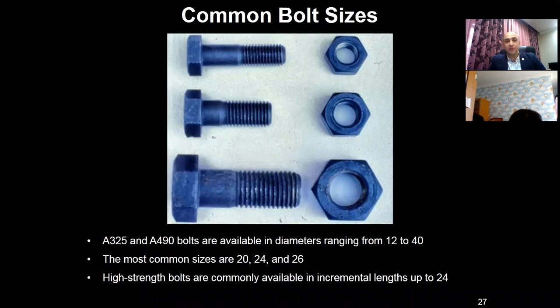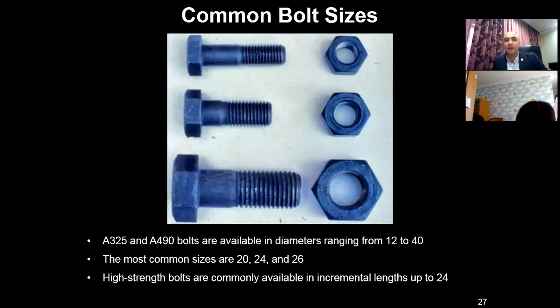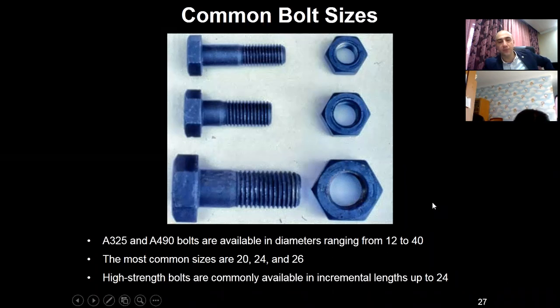Approximate diameters applied in construction are shown below. You can see that bolts A325 and A490 can be found in diameters ranging from 20 millimeters to 40 millimeters. The most common sizes are 20, 24, 26. In this case, the highest strength bolts are commonly available in diameters up to 24 millimeters.